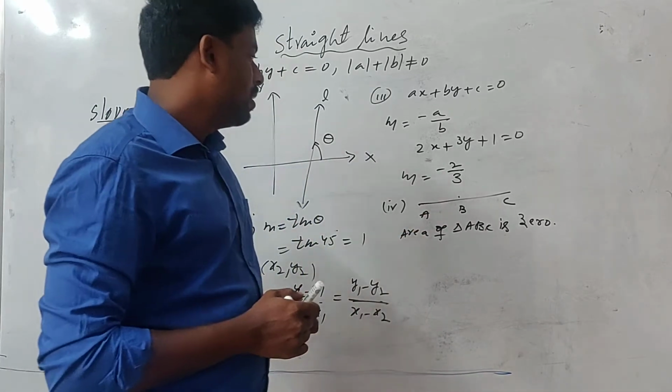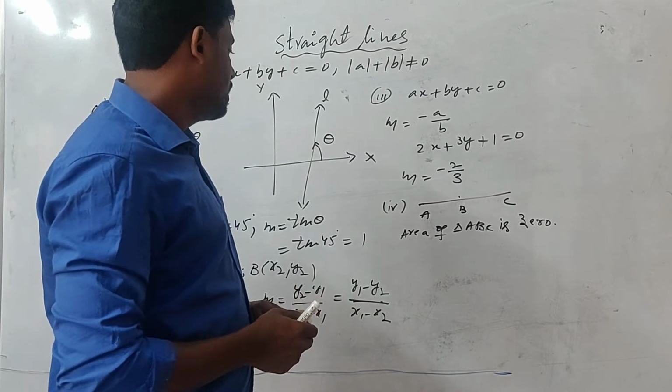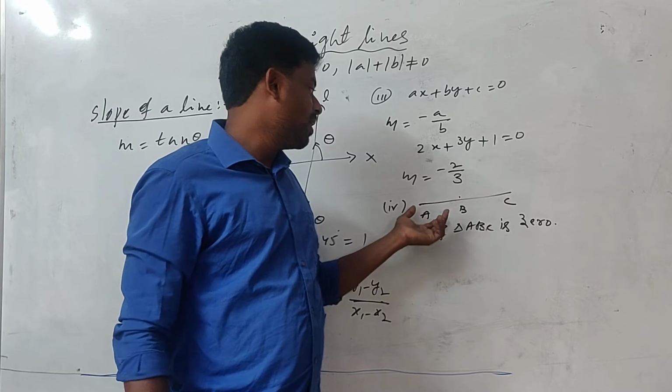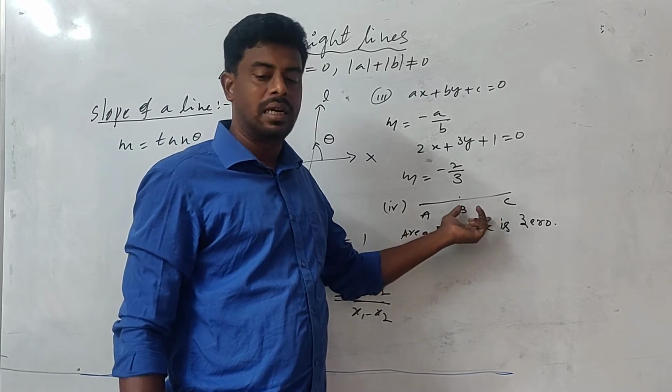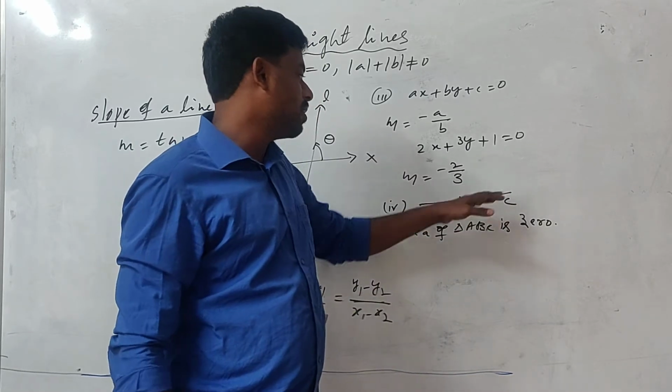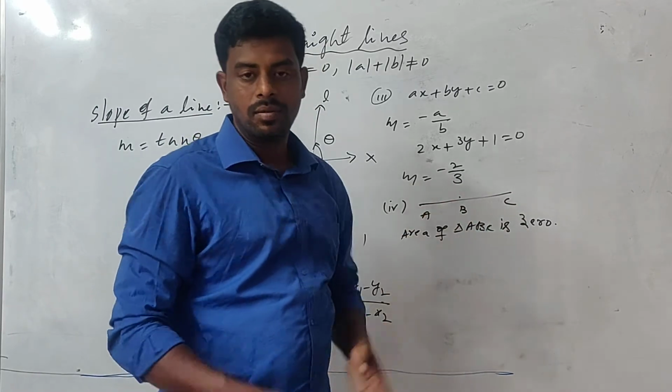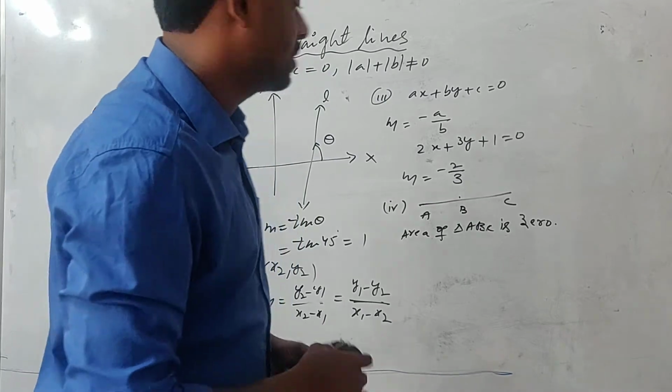In this case, the slope of AB must be equal to the slope of BC. We can take slope of AB equal to slope of BC, or slope of AC equal to slope of BC, or slope of AB equal to slope of AC. We can take it in 3 different cases.